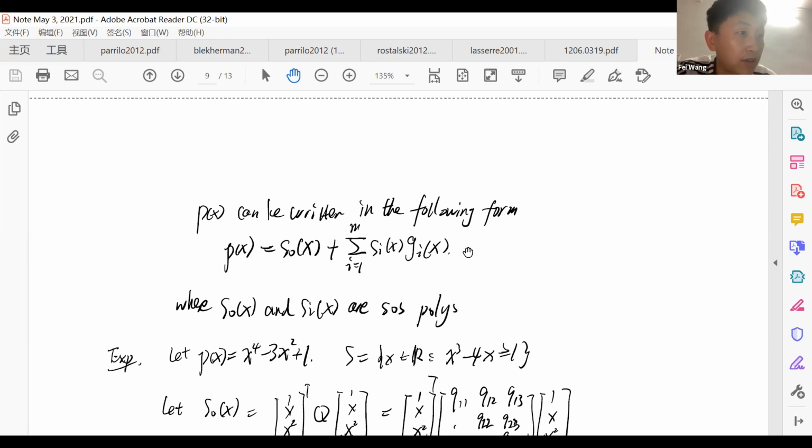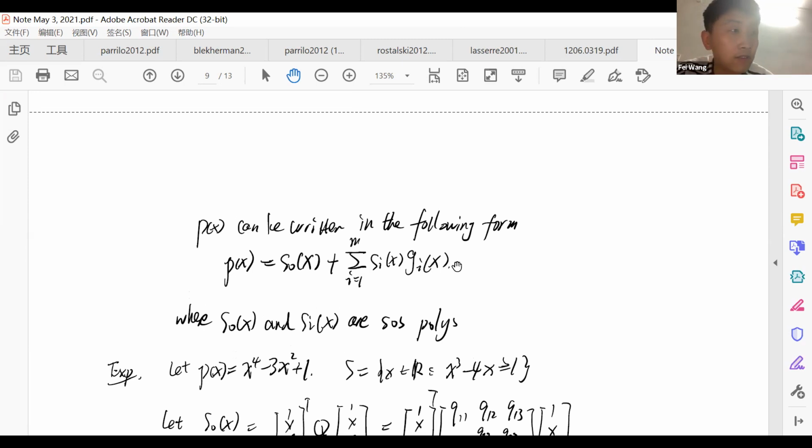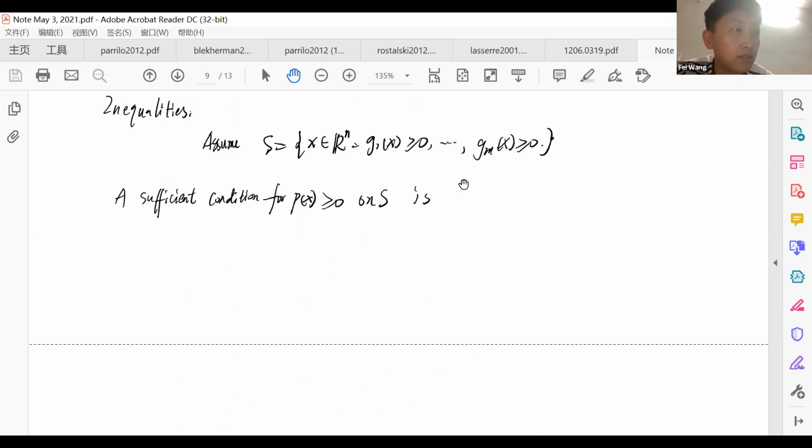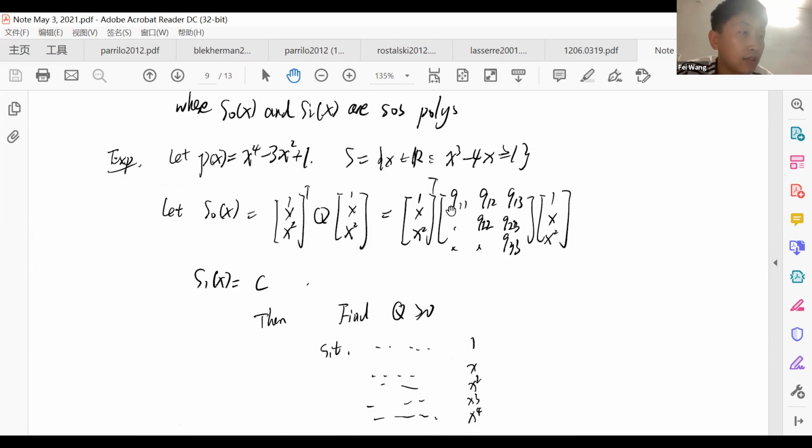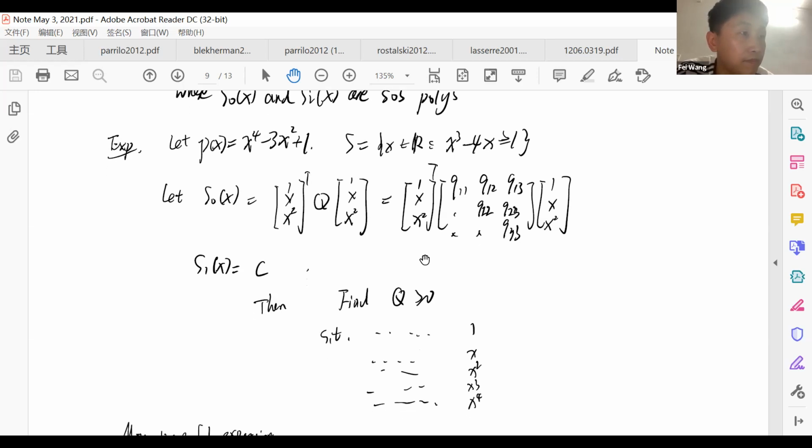You can see that if these are sums of squares, then P(x) is certainly non-negative, because s0 and si are non-negative, and gi(x) is non-negative because it comes from the constraint. And of course, this can be done similarly using the sum of squares program or SDP. This is an example which I won't go through.